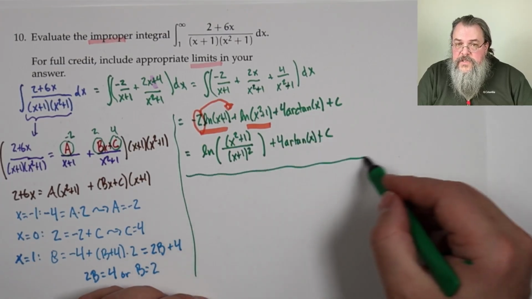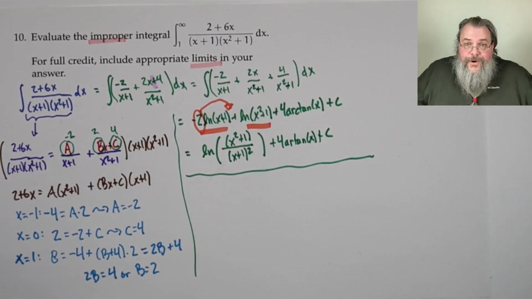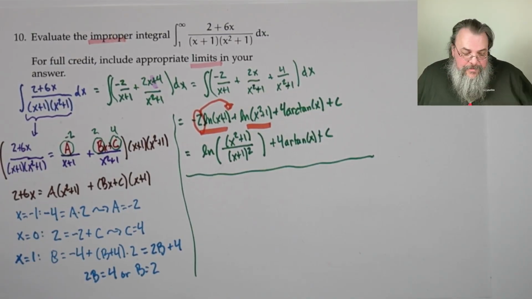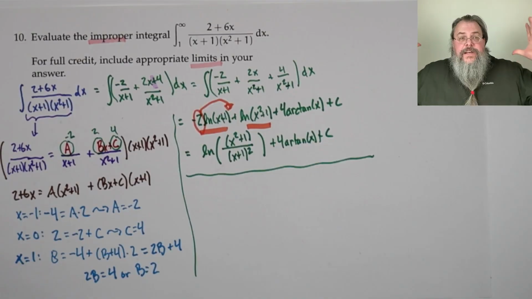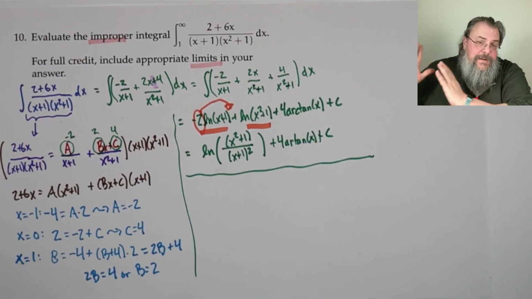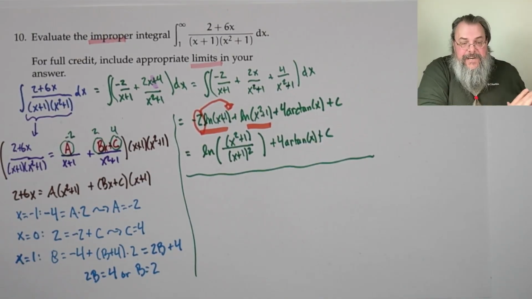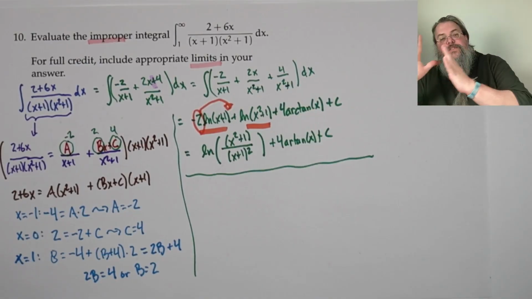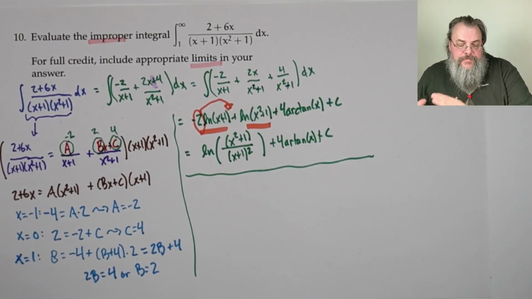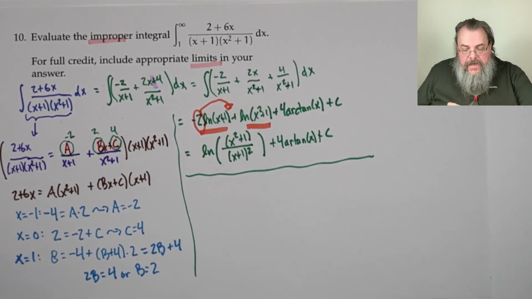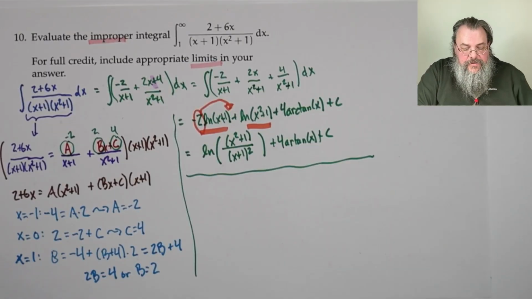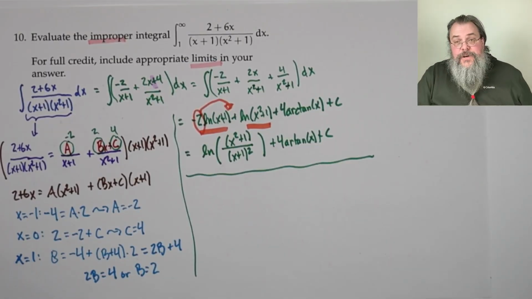Okay, so that finishes us with sort of part A. It's not explicitly part A, but sometimes it's convenient to say, instead of thinking about it as an improper integral, let's think about it as an indefinite integral. Then we're going to switch to improperness. Now, as we're switching to improperness, how is this an improper integral?